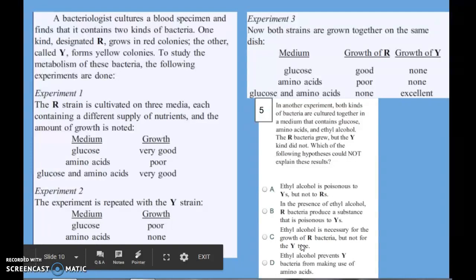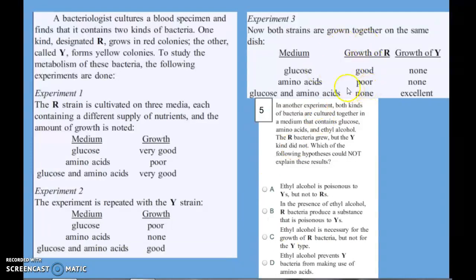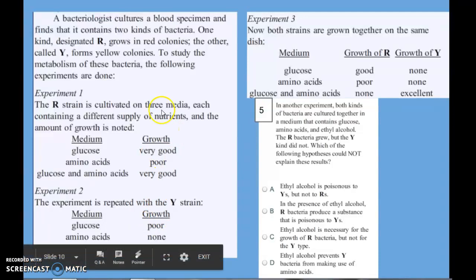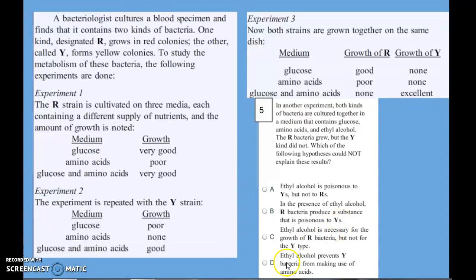C, ethyl alcohol is necessary for the growth of R bacteria, but not for the Y type. That one doesn't make sense. We've seen them both grow in different substances without any ethyl alcohol. We've seen growth in all of these in 3 different experiments. So that completely discredits that one and makes it absolutely nonsense. But let's look at the last one just in case.